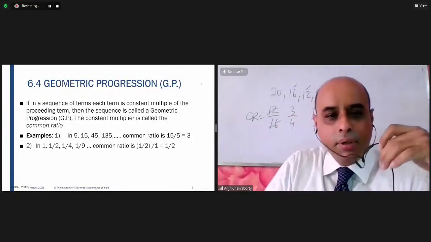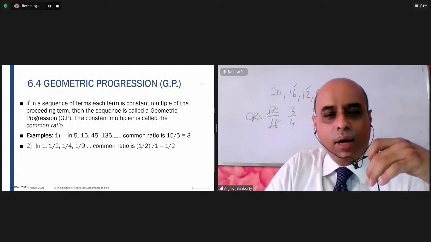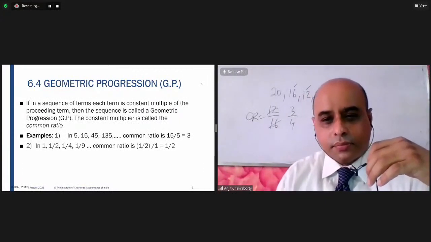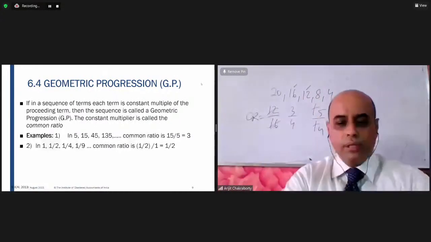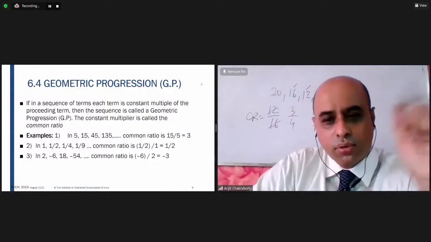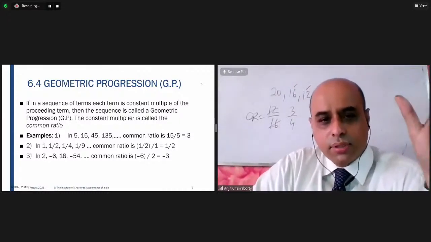The second example: 1, then 1/2, then 1/4, and then 1/9. If you leave out the last one, the first three, yes, follow a pattern.